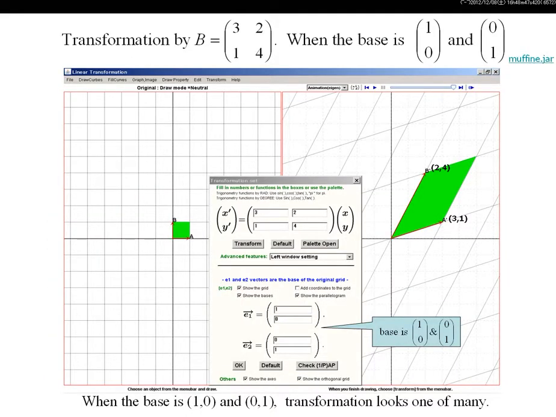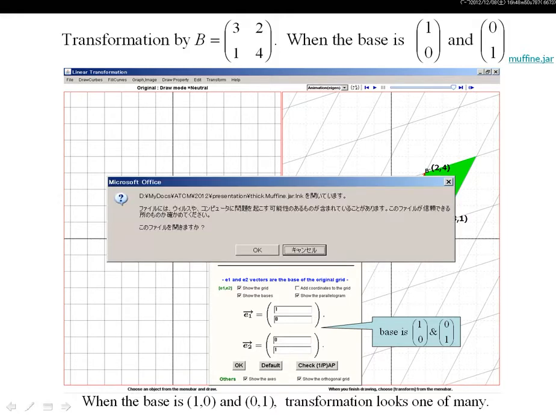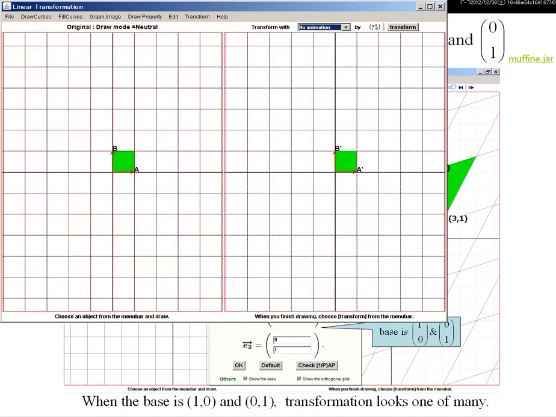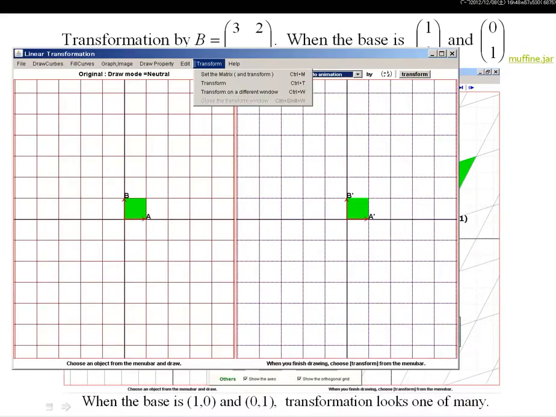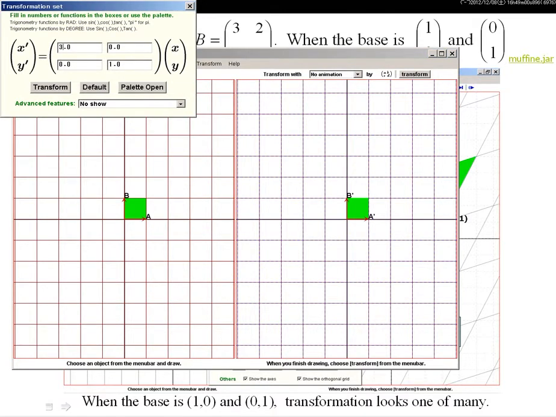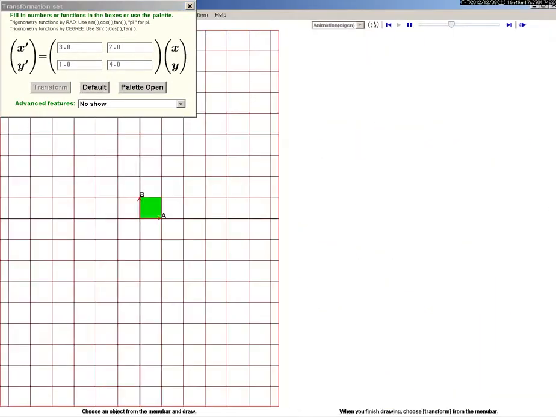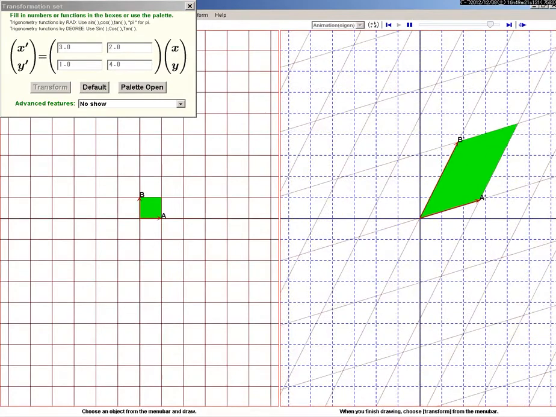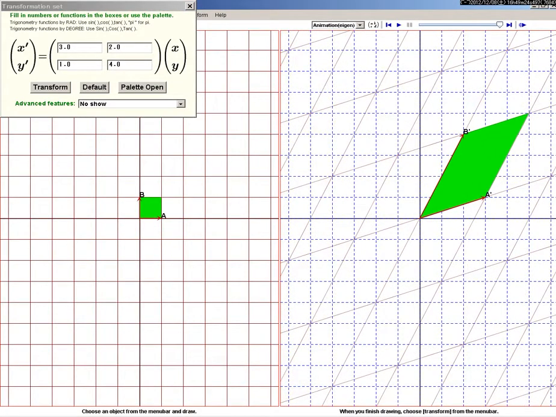So next, B. B is 3, 1, 2, 4. The (1,0) vector moves to (3,1), and the (0,1) vector moves to (2,4).